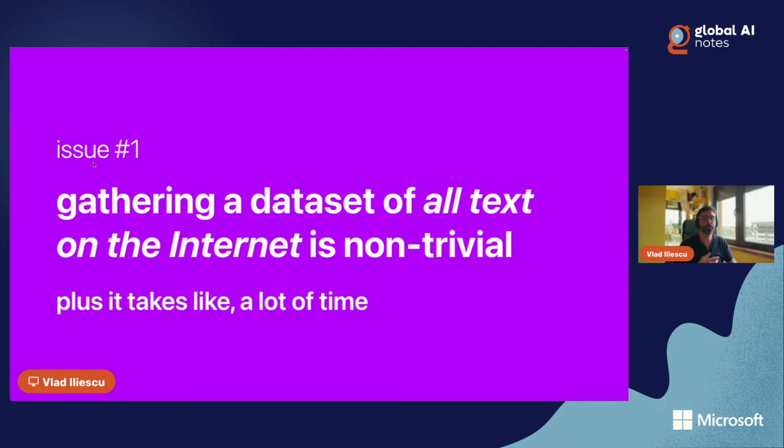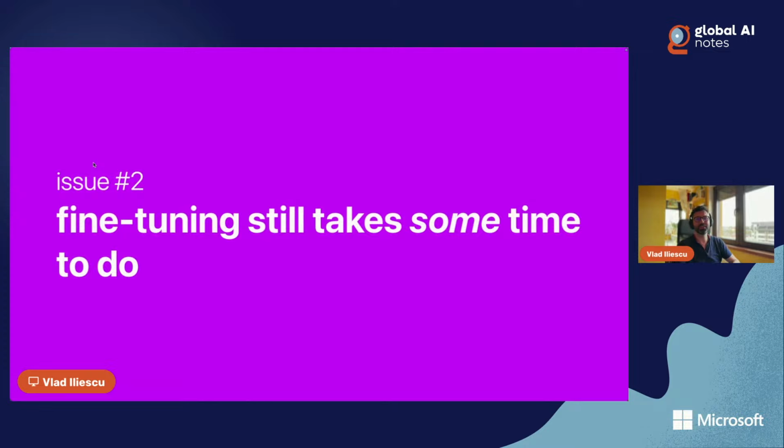Now, we have two issues. On the one hand, gathering a data set with all text on the internet is really non-trivial. Plus, it takes a lot of time. So if we want to get to current events, that may not be a good approach. And issue 2, after gathering the data set, which took a significant amount of time, we have also the fine-tuning, which also takes time and computing power, and we need to do that continuously.